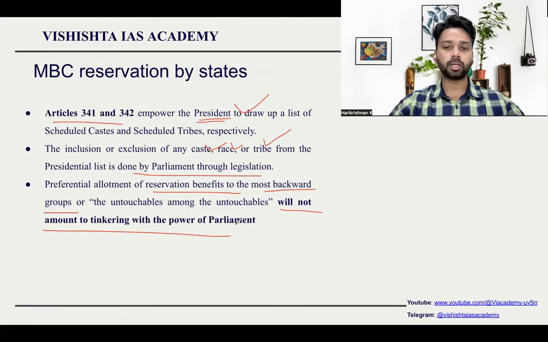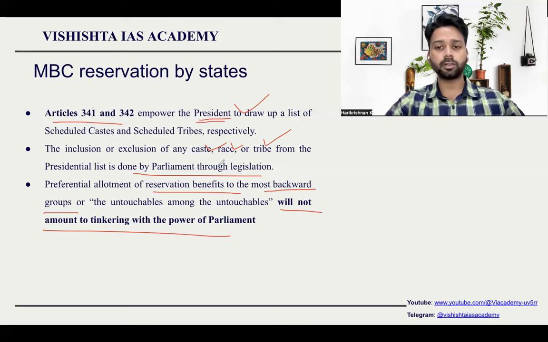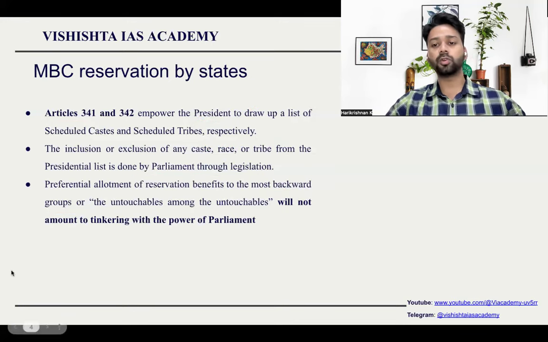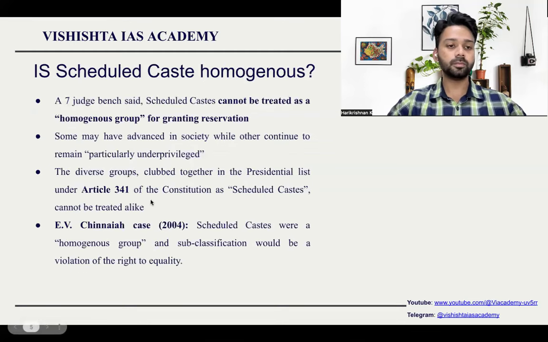So this clearly shows that if a state government wants to make a separate category called the most backward class, or wants to introduce some category within scheduled caste, then it does not override the power of the parliament. The state government is within its power to do so. So this shows that the Supreme Court is moving towards subcategorization of caste for reservation.